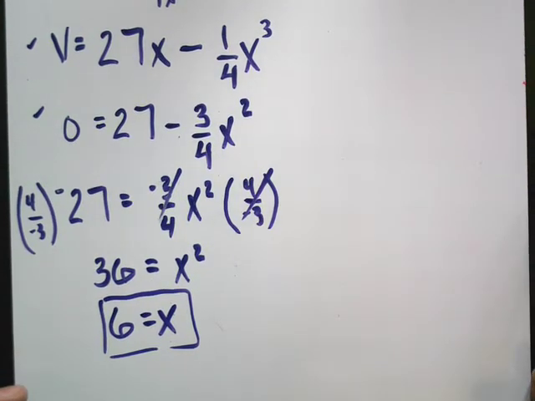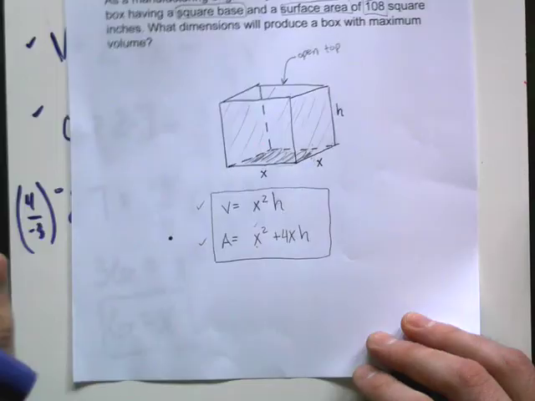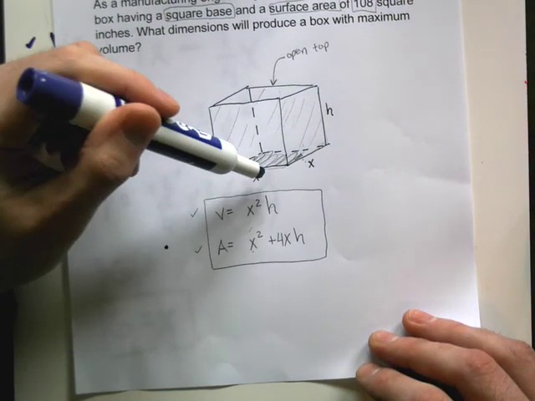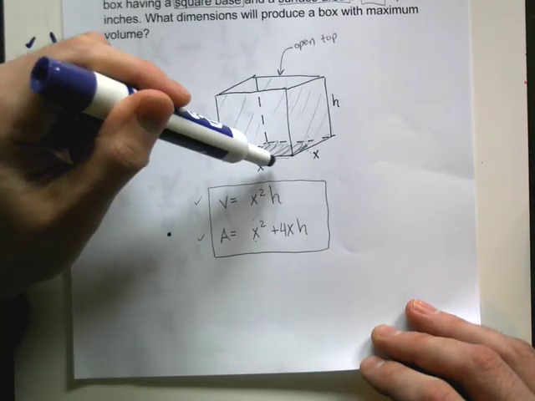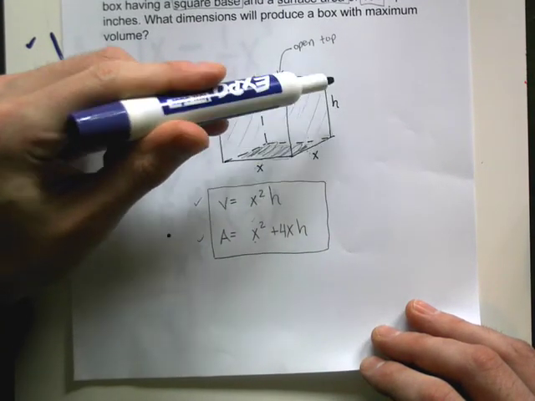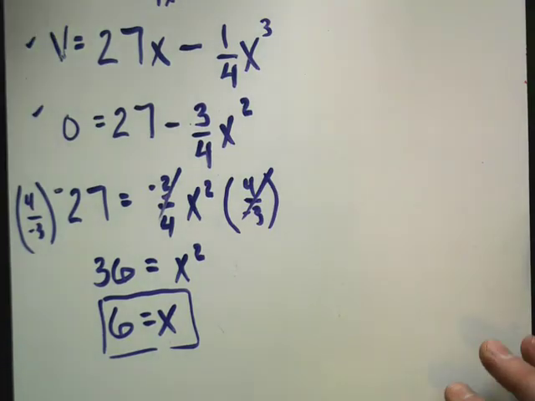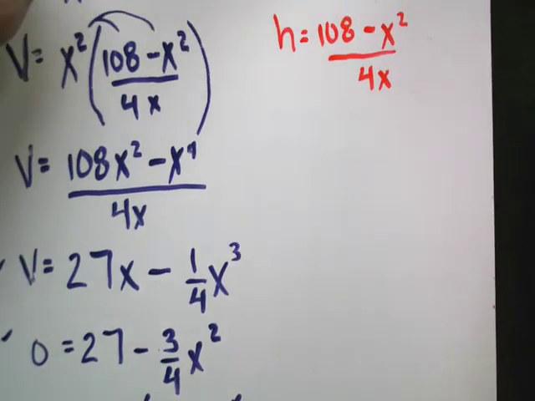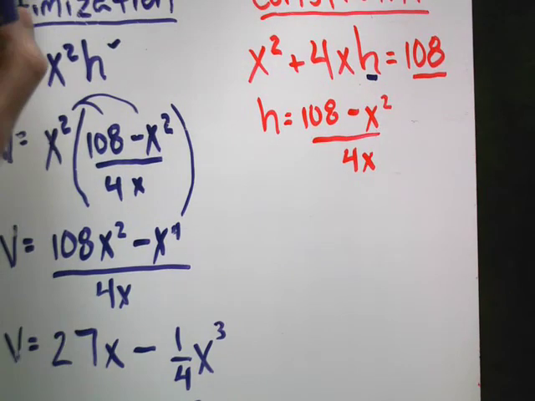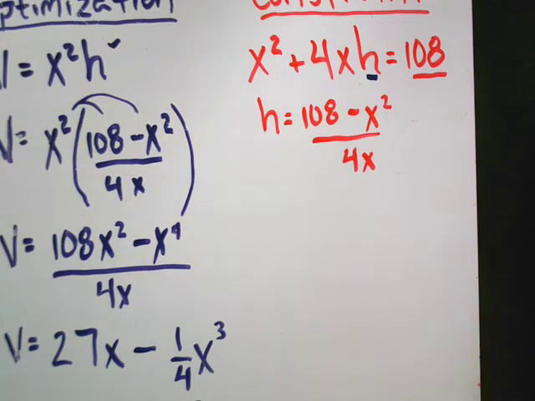So how does this help us? This gives us the dimensions of x. So if I bring back our drawing here, we've got x. It told us that this should be 6, this should be 6. Now we just have to find what our height should be. To find that, I'm going to go back up to my height equation, all the way back up to my first equation, and plug in 6.